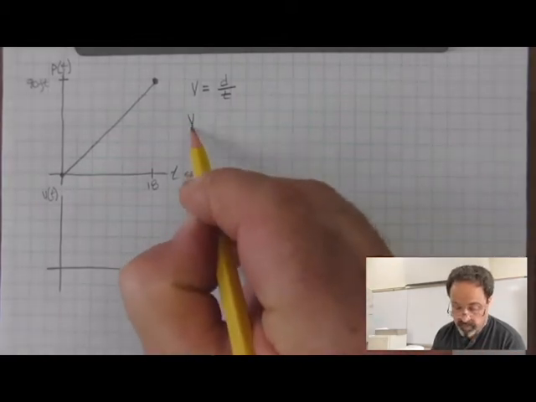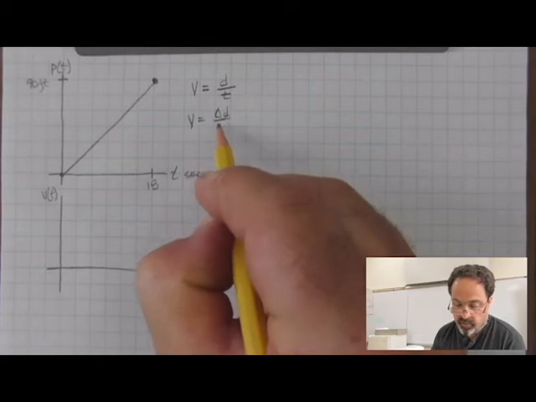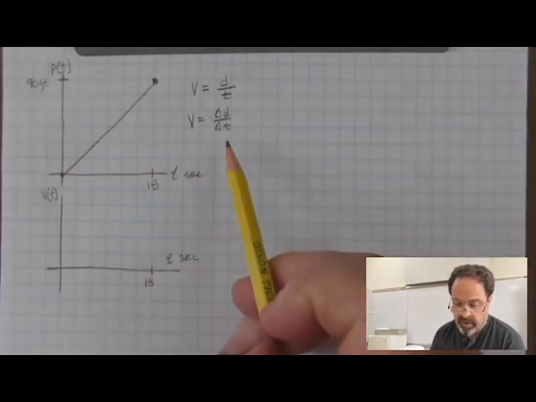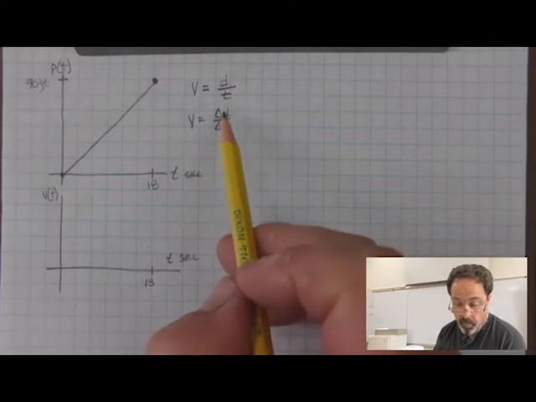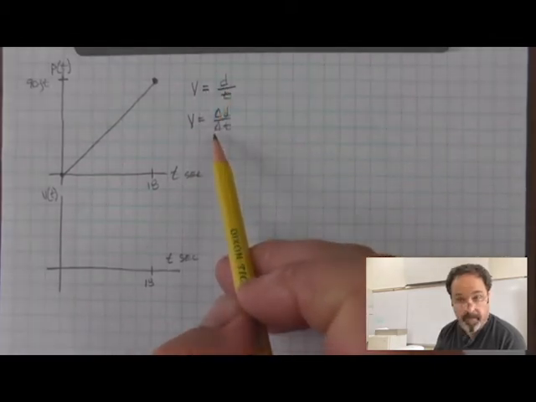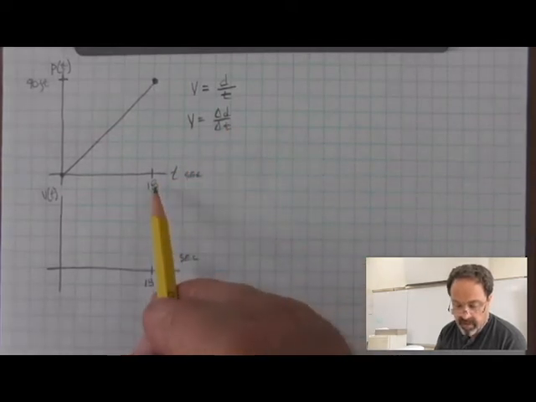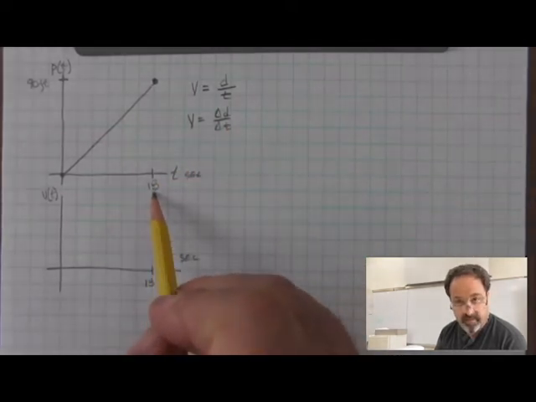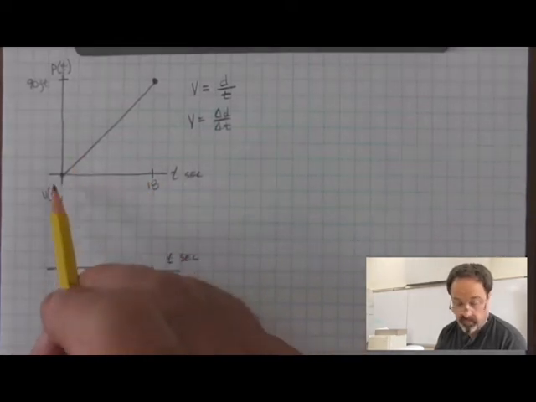We could also write this as velocity is equal to delta d over delta t. It includes the concept of change in. Now, it's the same equation, but we're reminding ourselves that, for instance, at time 18 seconds, we can think of that as a change in time from the initial 0.